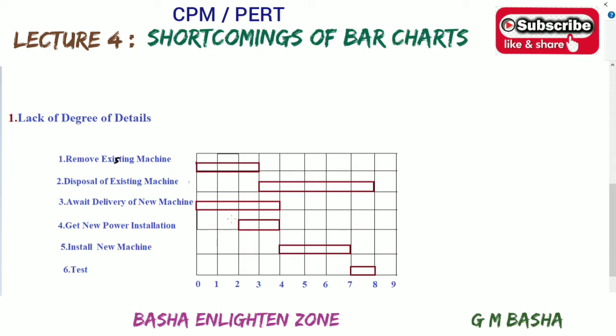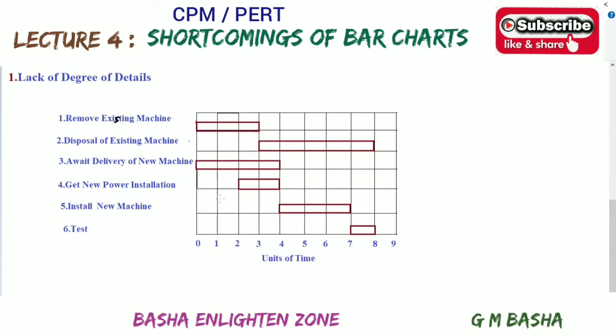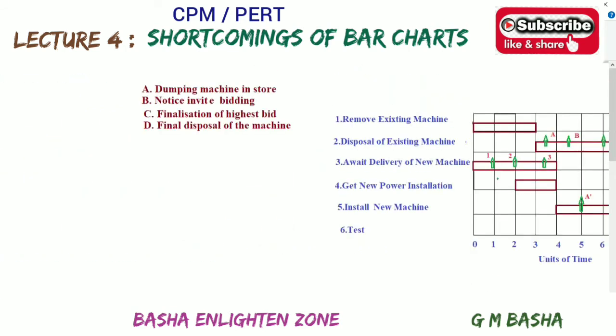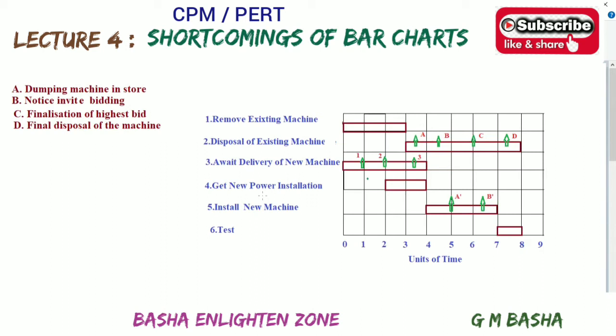Then what are the remedial measures for such shortcomings? See here, I am showing one of the activities, that is disposal of existing machine. This is the main activity, but there will be various sub activities.